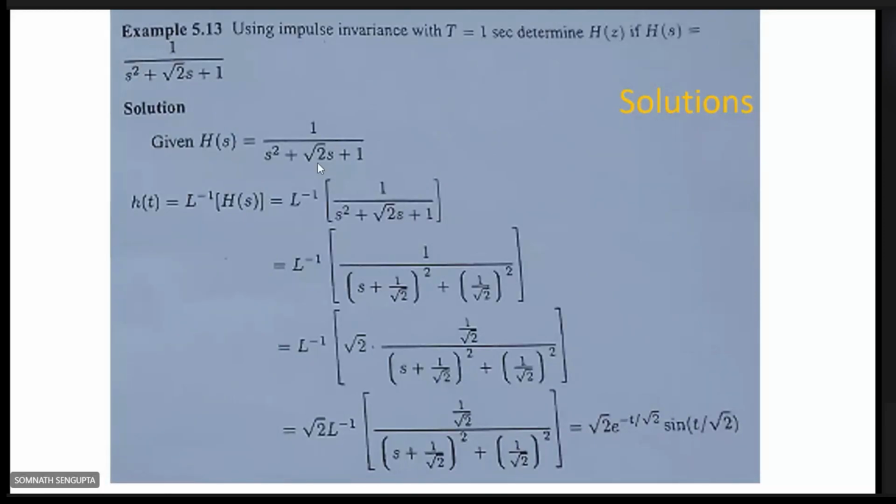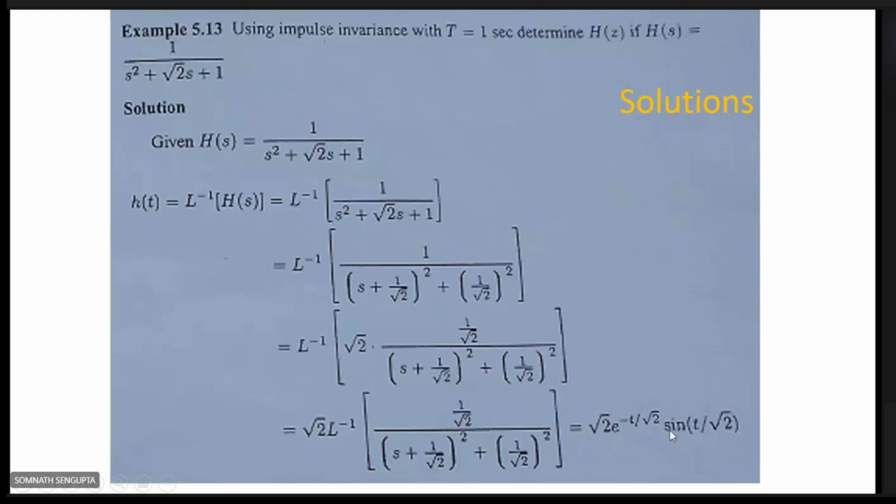First step is to find the poles. How will we find the poles? You can find the poles from here, or you can use some other method, by some empirical formula, the well known formula of inverse Laplace transform.